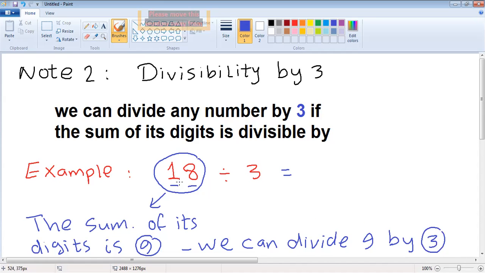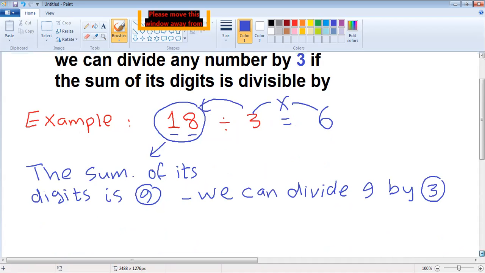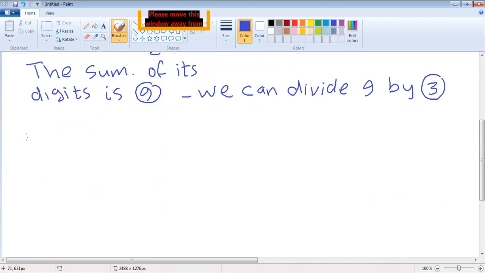So we can divide 18 by 3. 18 divided by 3 is 6, without remainder. 6 times 3 is equal to 18. Okay? Another example, you will tell me if I can divide it by 3 or not.